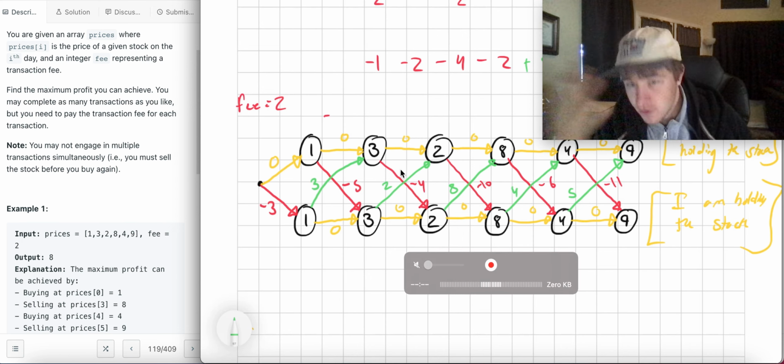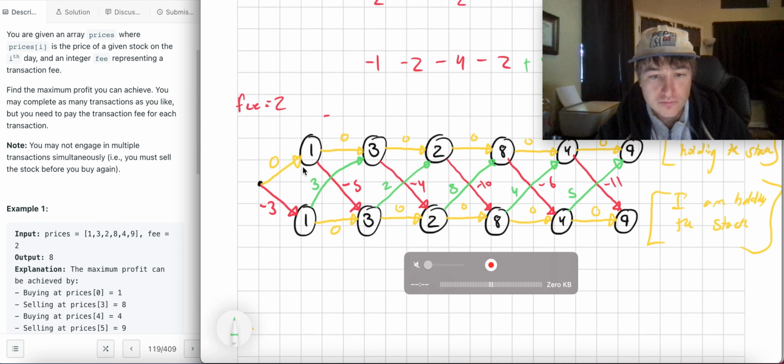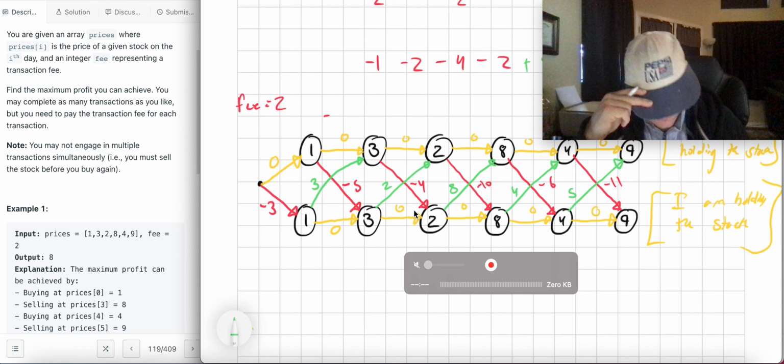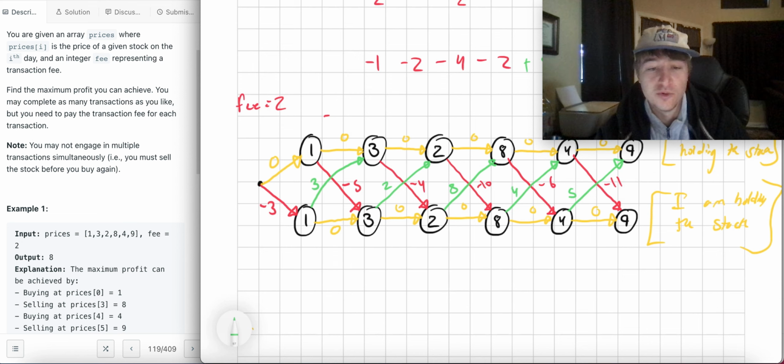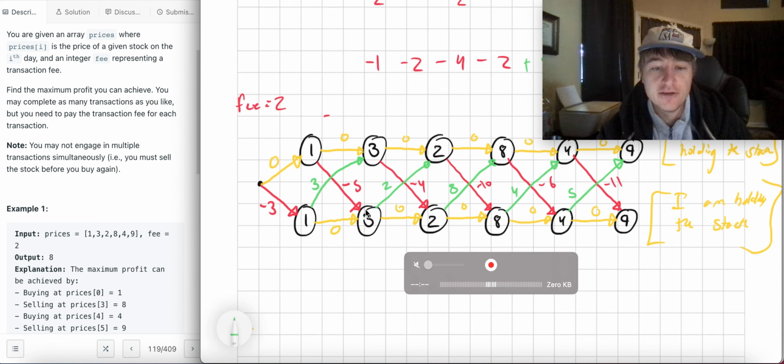And similarly, the other side of that coin is, I can't keep buying a stock. I just had a total brain fart. So if I sell the stock, buy the stock, sell the stock, buy the stock, you see what I'm saying? In this problem, I have to buy the stock before I sell it again, because once I sell the stock, there's no green edges until I buy again.